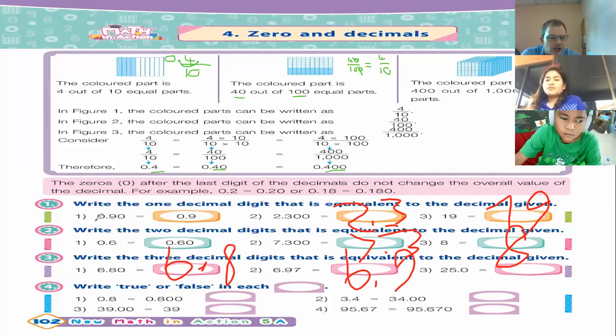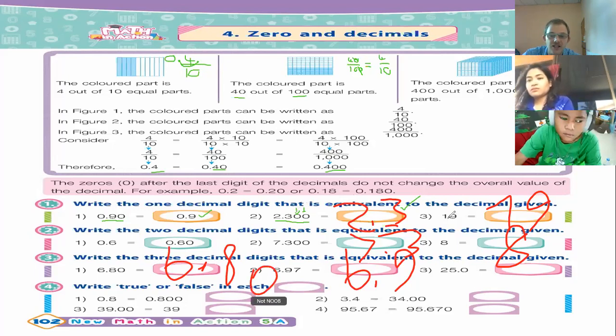So here, 0.90 is exactly the same as 0.9. 2.300 is also the same as 2.3. If you add a 0 to the end of a decimal, it will not change the value. It will be the same value.